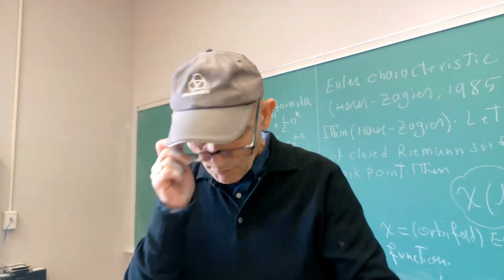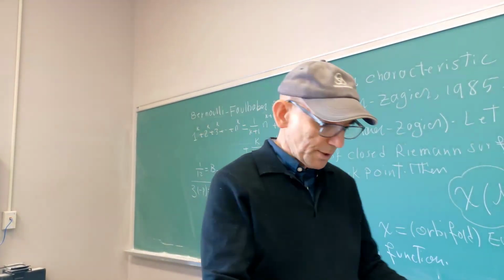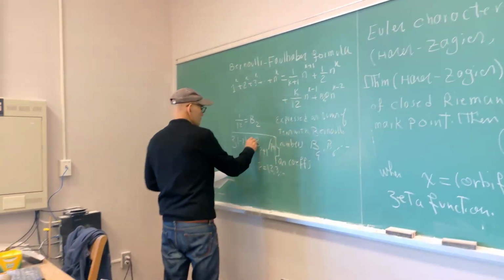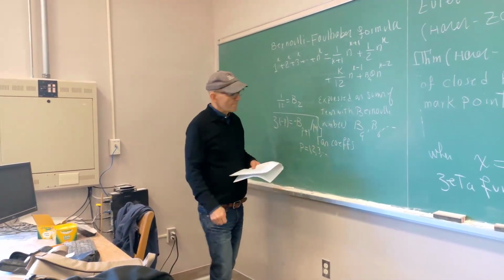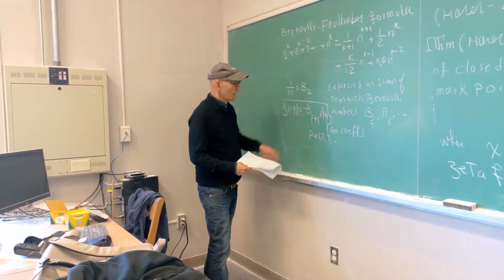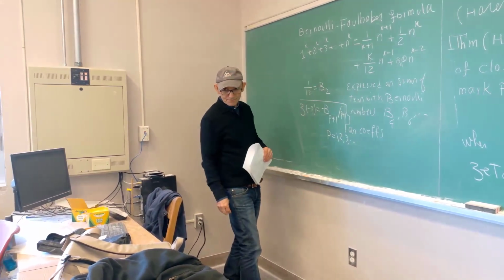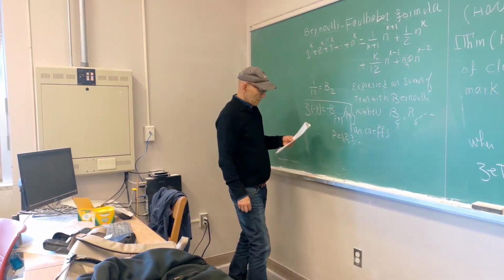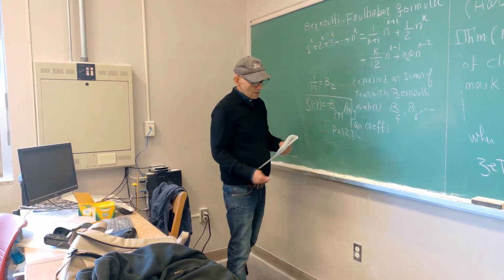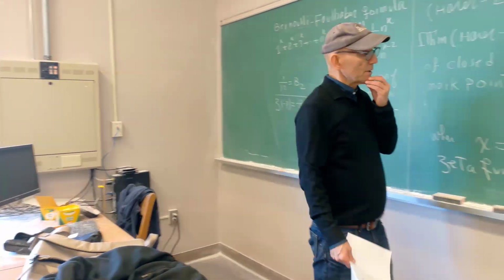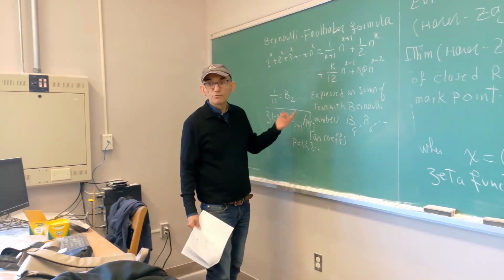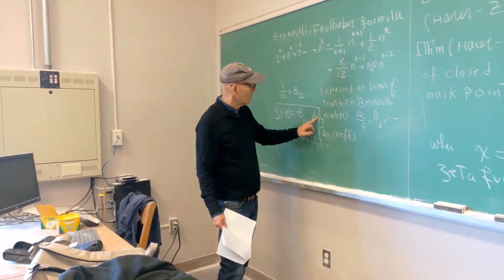So I have zeta of minus p is equal to minus B_{p+1} over p. It should be minus. Is it over p, maybe? I have over p plus 1, but this thing that we got here could be over p actually. That's better. It would solve the problem.